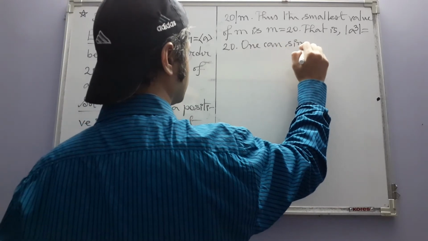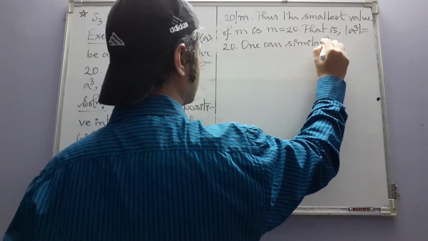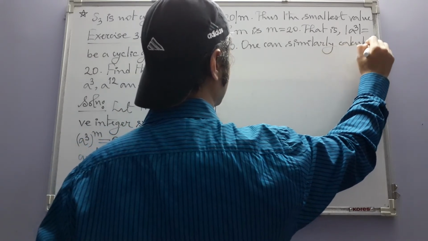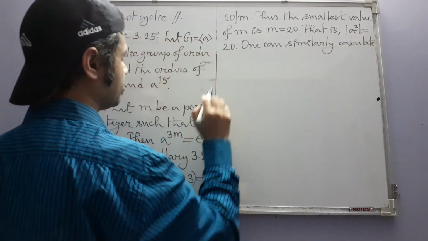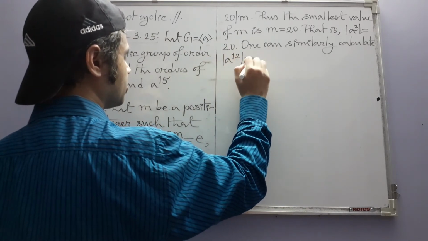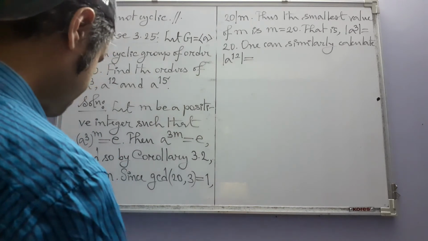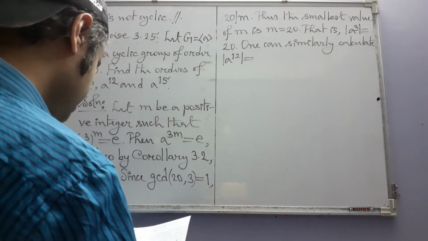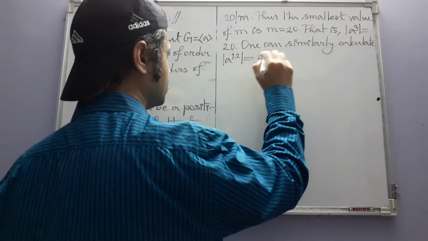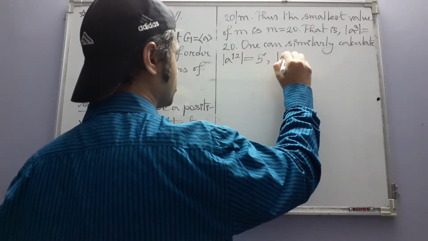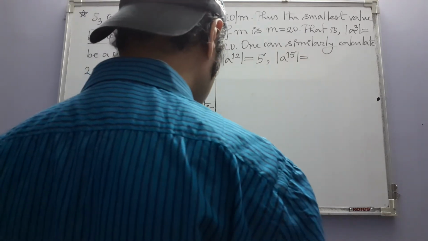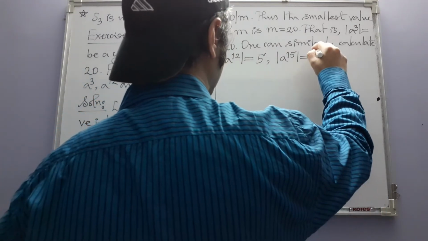One can similarly calculate these other orders. Order of A to the power 12 turns out to be 5, and the order of A to the power 15 turns out to be 4.